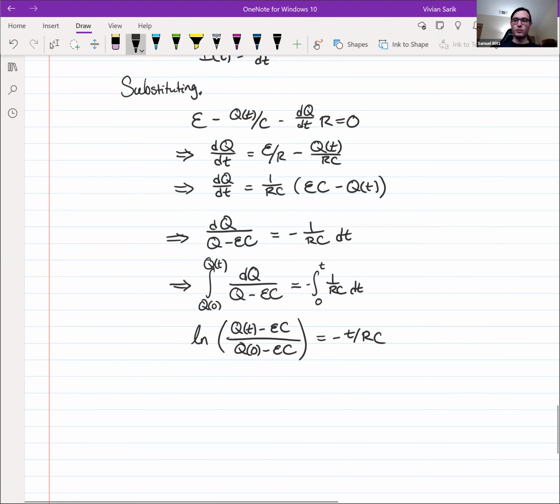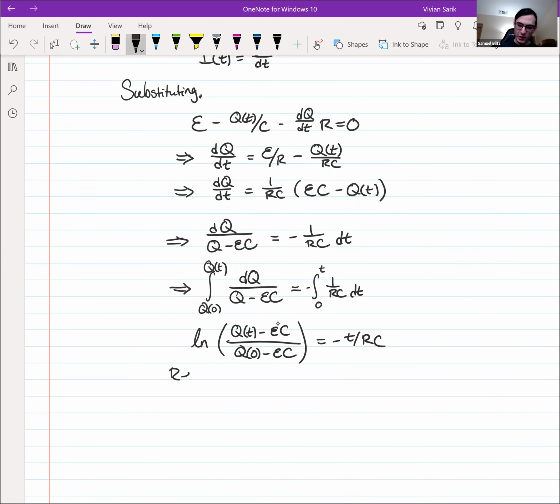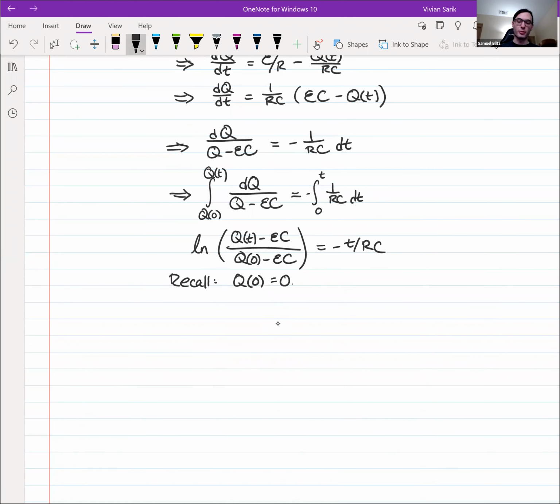And now just a reminder that the initial charge on the capacitor is 0. So I'm just going to plug that in and rearrange the logarithm a little bit. So we're left with the log of EC minus q of t divided by EC. That's equal to minus t over RC.